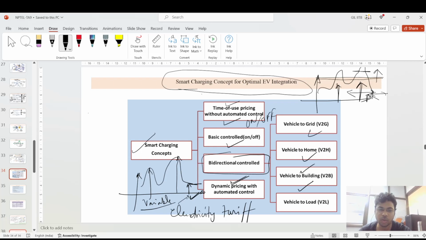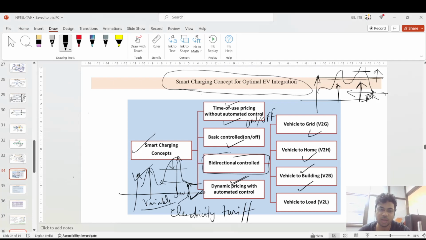So the concept is that you should charge the vehicle when the tariff is low. This helps you lower the price of charging, and it also helps the grid operator, because the peak also gets reduced. This is the concept of dynamic pricing.